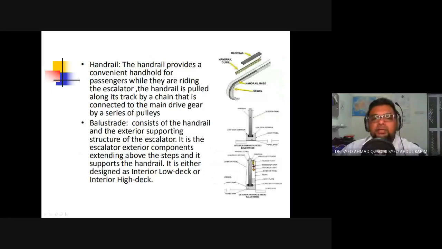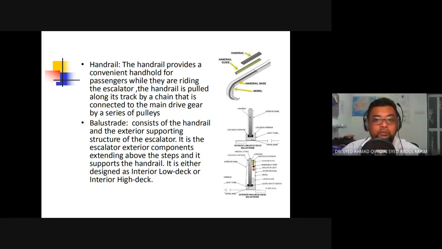And then we have the details of the handrail here. It provides a handhold for passengers while they are riding the escalator. Some users would need to hold on to something as they transition from a stationary position to a moving position on the escalator, as well as while they are moving along the escalator.